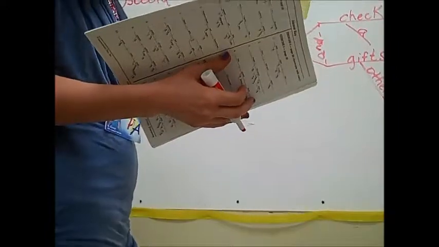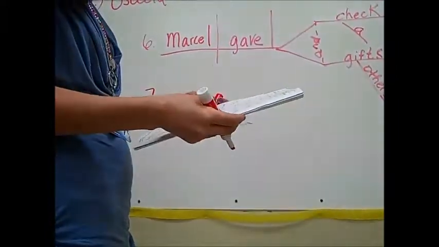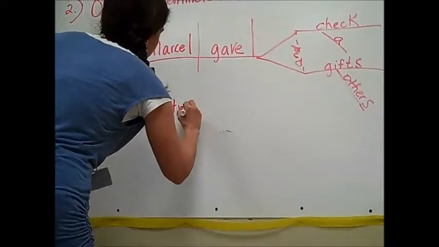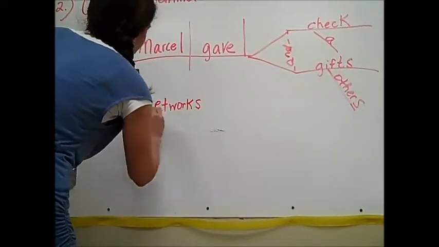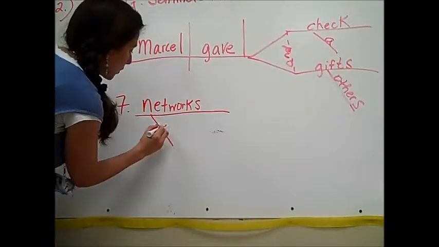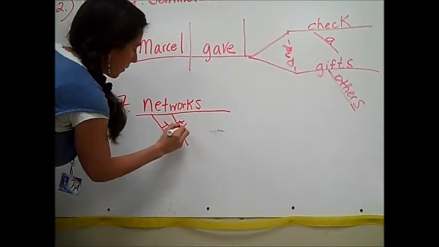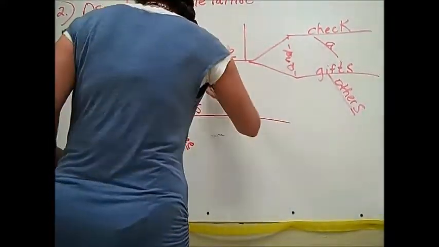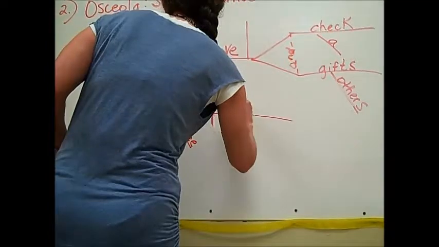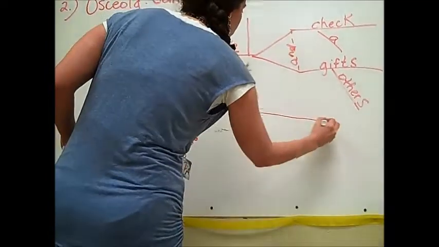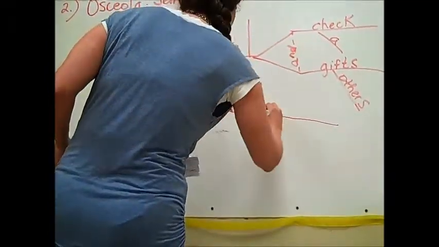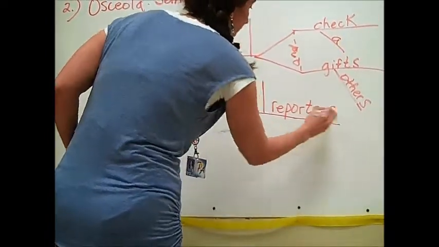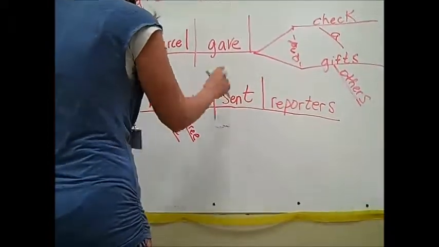The 3 networks sent their best reporters to the scene. That's number 7. So networks. And we know that the 3, these are going to be adjectives modifying and telling more about our noun here, our subject. The 3 networks did what? They sent. And they sent something or someone. In this case, our direct object is reporters, because our direct object is whatever they did or who they did it to.